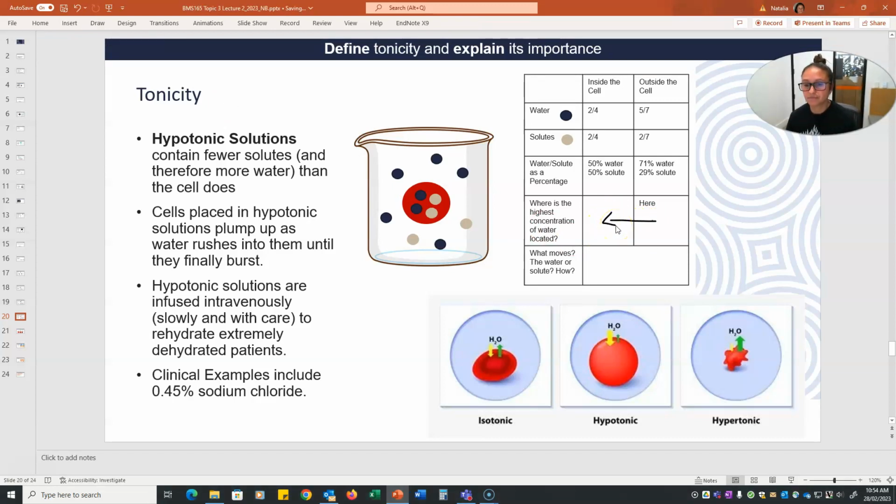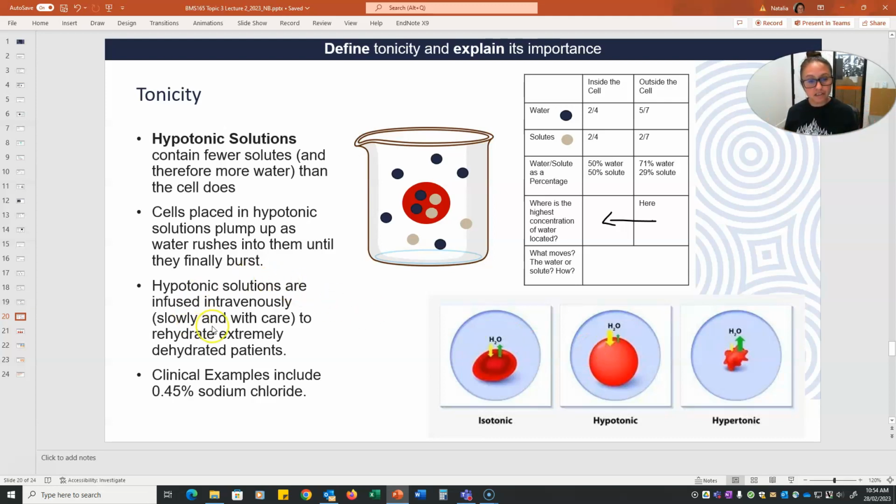Yeah? So that means that water is going to go into our cells. And that is what happens. And if we allow enough water to go into our cells, the cell can only cope with so much and eventually go pop.